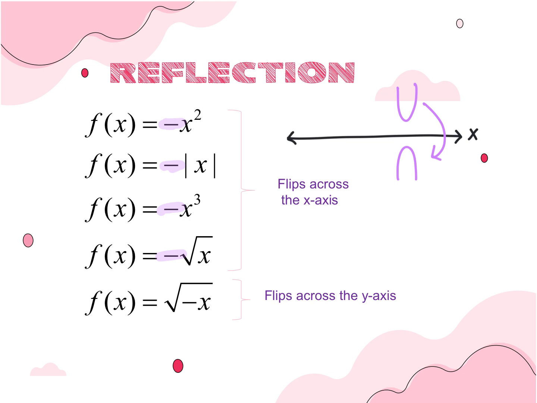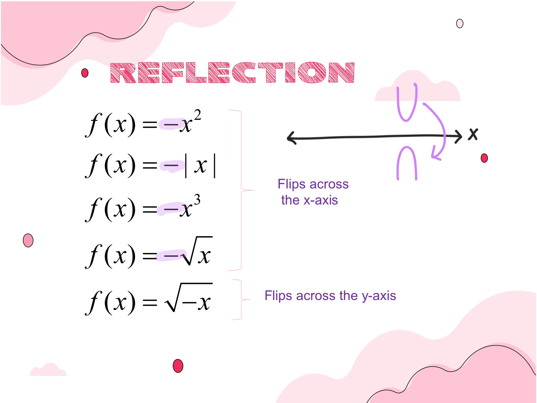Reflections mean if I were to fold the paper along the x-axis, let's think of it as a sheet of paper, I'm printing the image on both sides. Have you guys ever painted on one side of the paper, folded it, and then opened it? That's reflection. You're just stamping it on the other side along the x-axis.